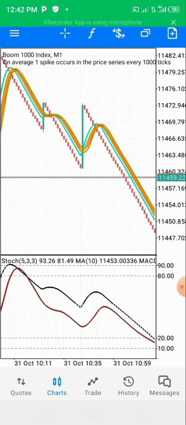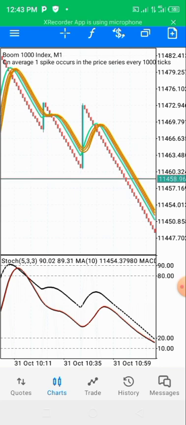Okay, now we are on Boom 1000 and we are trying to scalp. So when do we scalp? We have to know when is the right time for us to scalp this boom. Boom is a kind of market that spikes up. When the market is going up, it's spiking.